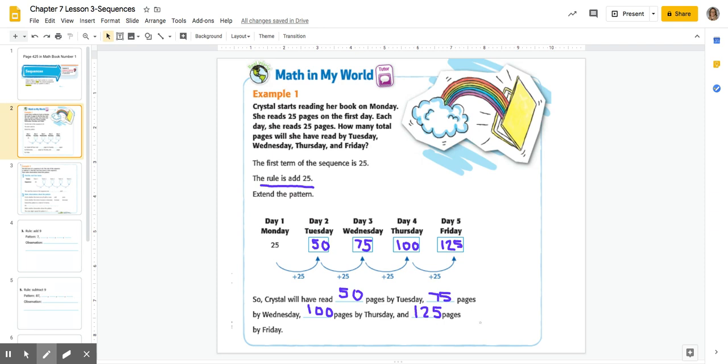So all we're doing when we're doing these sequences, it's the same thing we've been doing with numbers. Now it's just getting a little bit more complicated. So remember, if at any time I go too fast for you, you can always pause the video to fill in the numbers. But I would like you to fill them in your math book as we go.